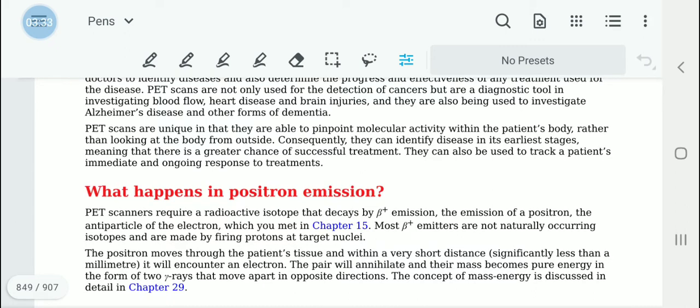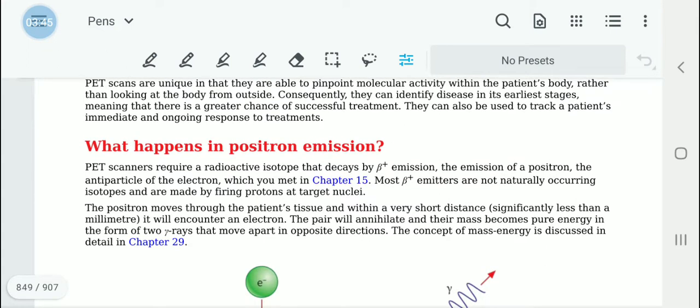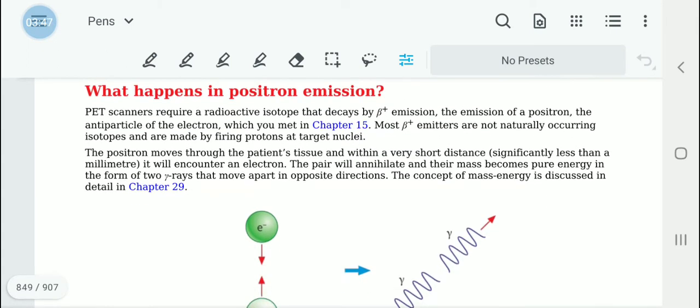Rather than looking from the outside, they can go into the molecular level, and from the inside give us a tracing, and also a clearer image as to where the problem is going to be.